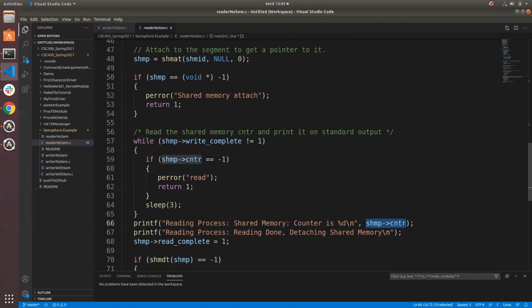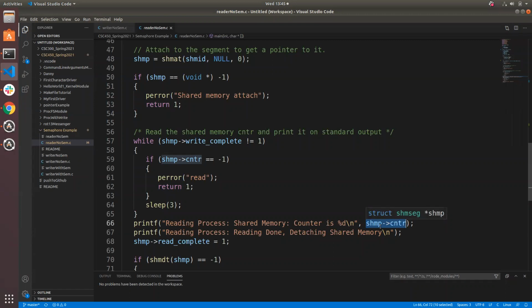We know that if we're here, one of the parent or child has counted to 10,000. That's happened, right? So at some point in time, this value right here was 10,000. But that doesn't mean it's still 10,000.